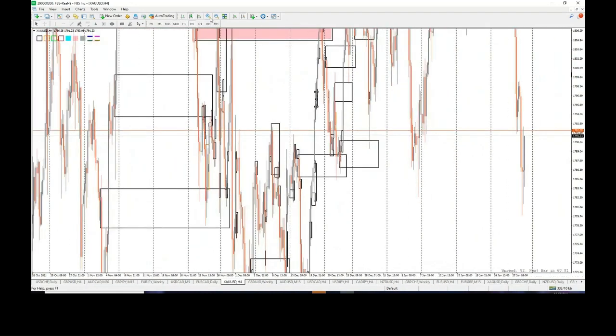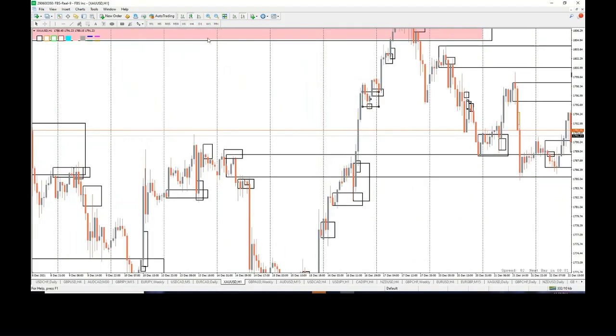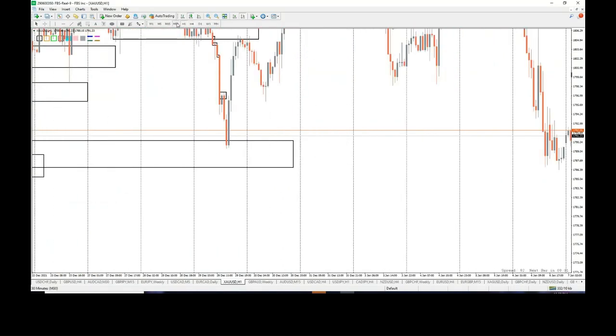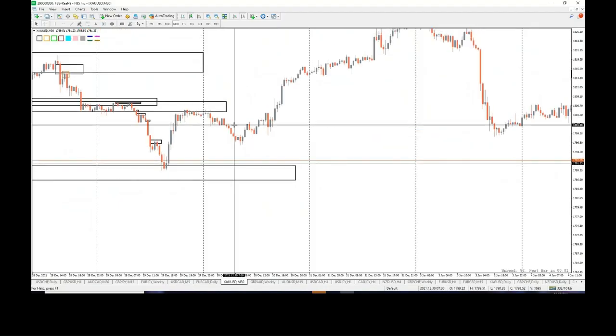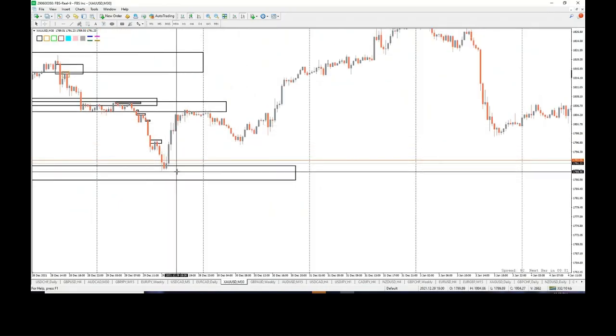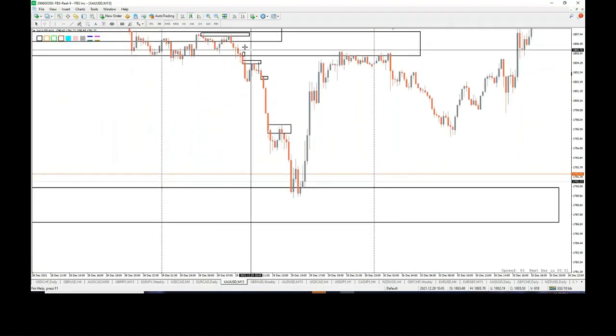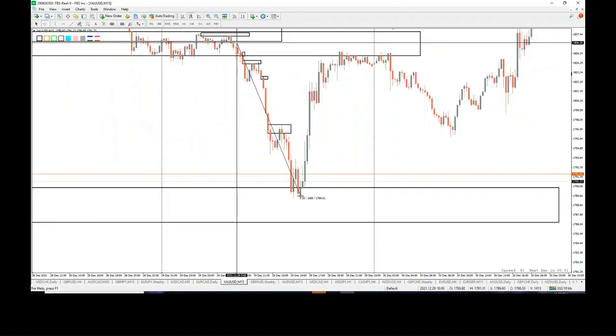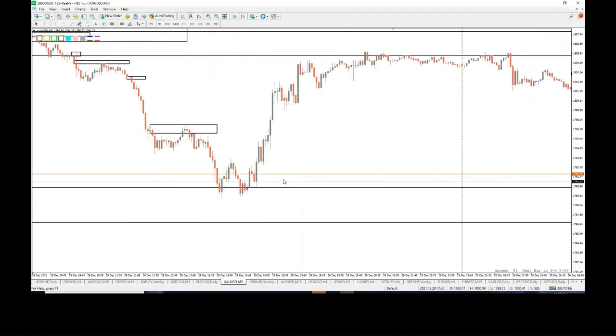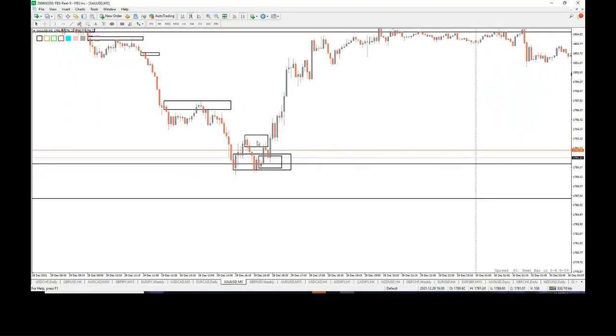So H4 zone. We have to wait for H1 or M30. But at this moment, there's no H1 confirmation because of news. It's going down very fast, but there's a buy confirmation on M5. The price makes another engulfing buy, and the price breaks this zone.